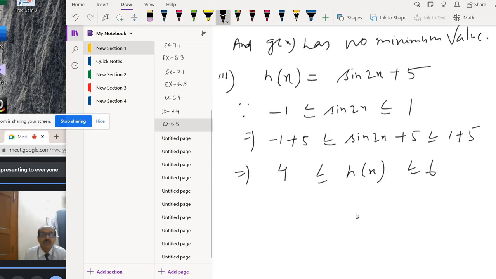So here the maximum value is 6 and the minimum value is 4. Okay, it is clear? Therefore maximum value equal to 6 and minimum value equal to 4.